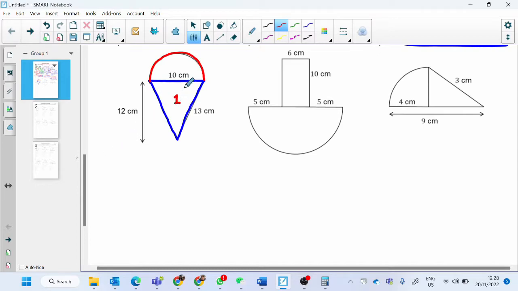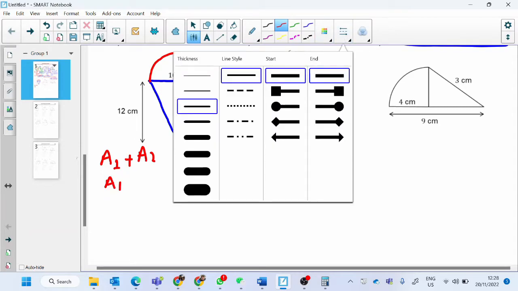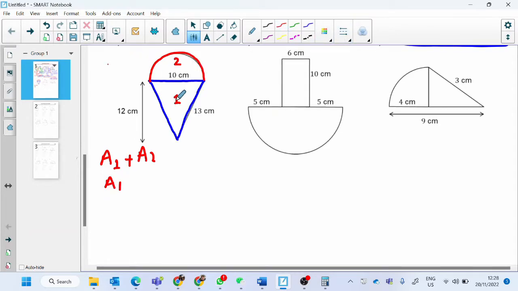This is the first shape and this is the second shape. So we have to find A1 plus A2, and for A1, the area of the first shape, it's a triangle. The formula for the area of a triangle is 1/2 times length times height.